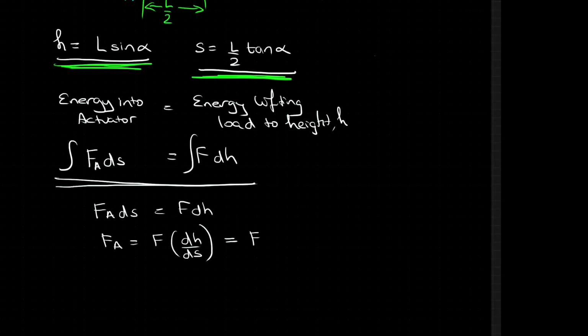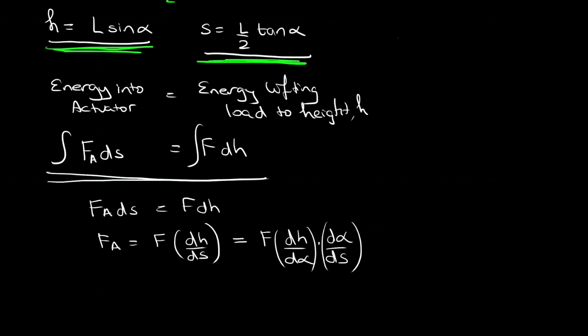FA equals F times dH by d alpha times d alpha by ds. You can consider that to be the same as the previous equation, because if the d alphas cancel out, you've just got dH by ds.